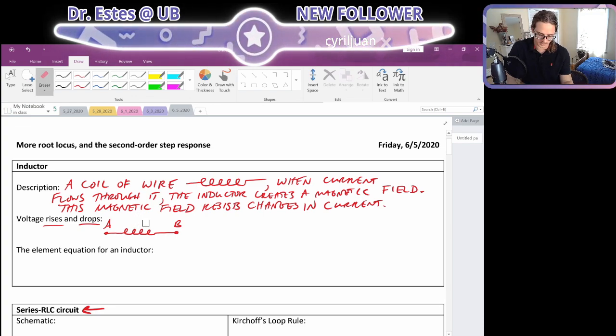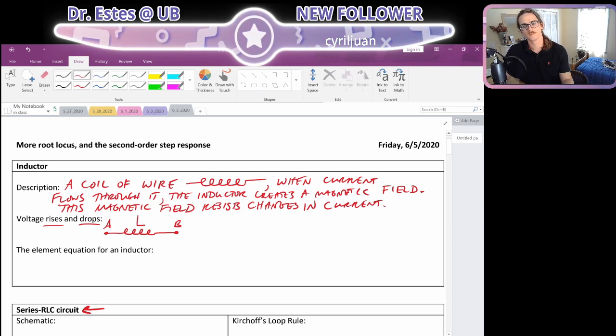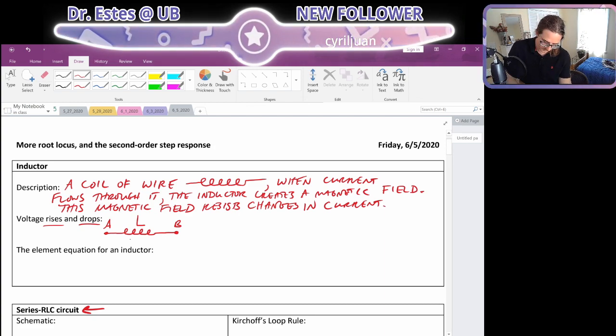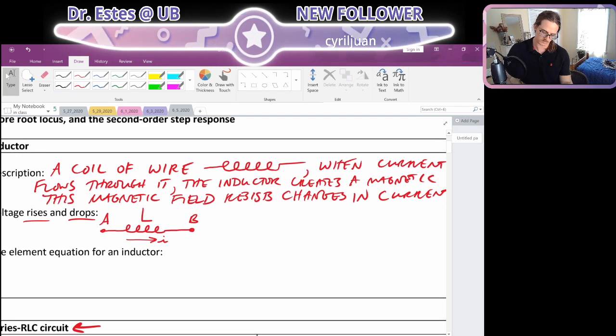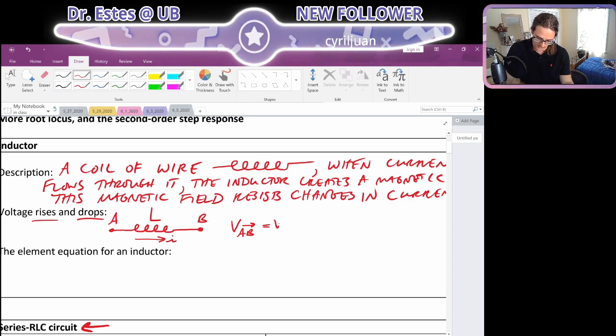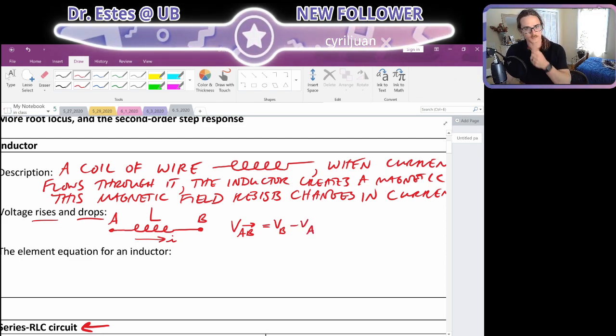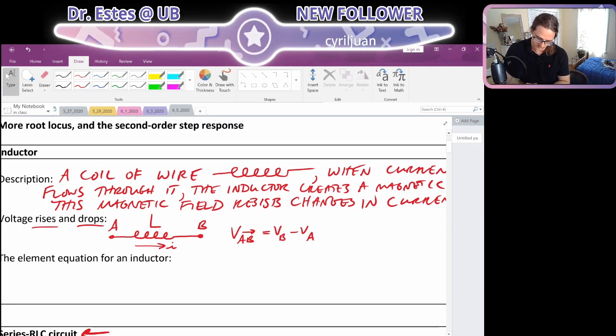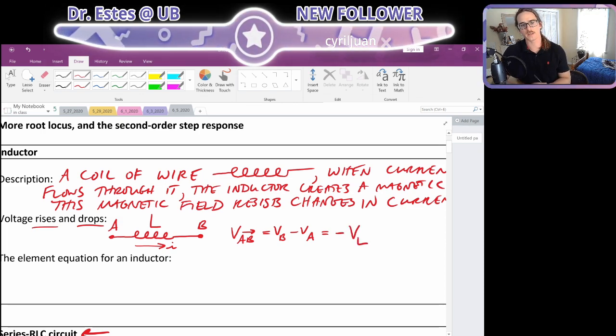Usually the symbol for an inductor is a capital L. Let's define current going this way from A to B. If we take the voltage from A to B, and once again, this just means the voltage on the right side minus the voltage on the left side, this is going to be minus VL.